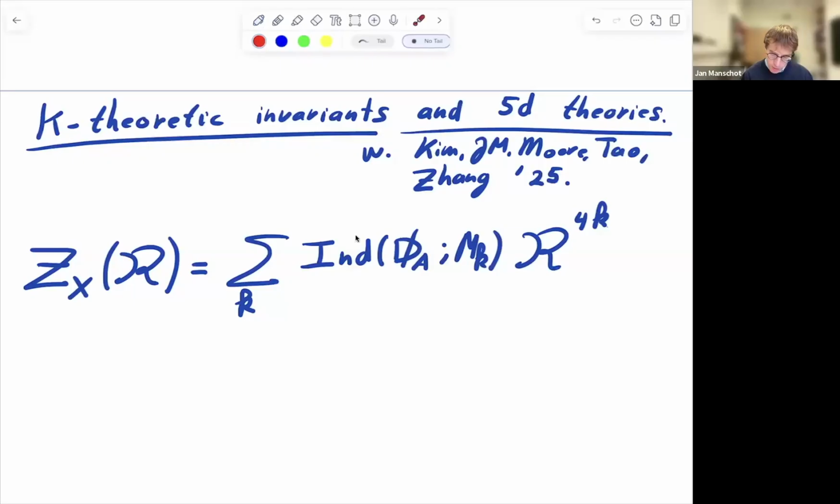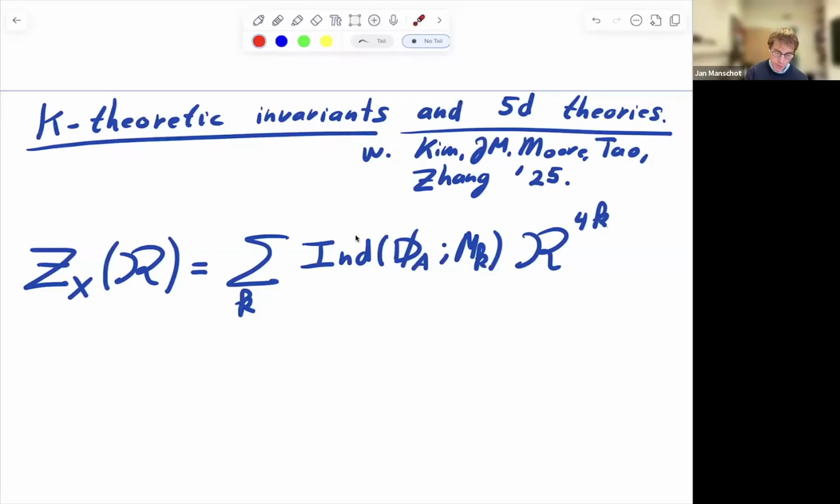Okay, it's good to get this clear. Earlier we were looking at the Dirac equation for spinors on the manifold X. Now we are looking at the Dirac index of the Dirac equation on the moduli space of instantons Mk, and we are aiming to determine the index of this Dirac operator.